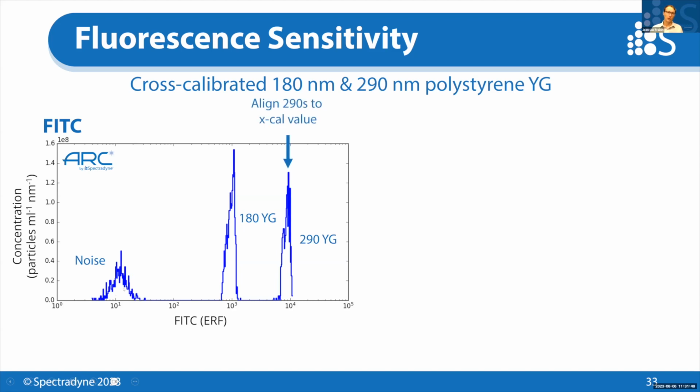We scaled this axis so that the 290s matched the assigned value from the cross calibration. Then we looked at the 180s, and they match the independent brightness assignment from the MESF cross calibration also. These are coming out at 964, or 1000, and the 290s are aligned with their assignment also.